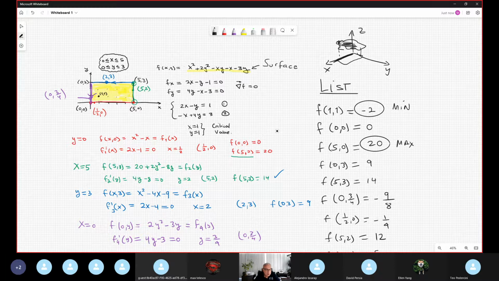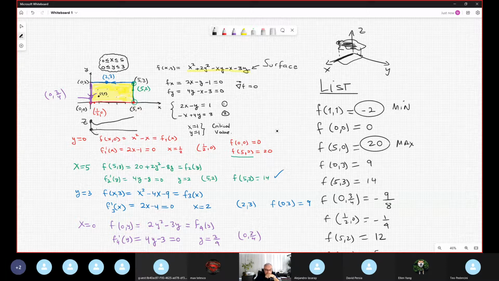For example, C looks like that. It's a minimum, right? This value at (0, 0) is 0, and at (1/2, 0) it is 1/4, it's negative. Look, it's negative.